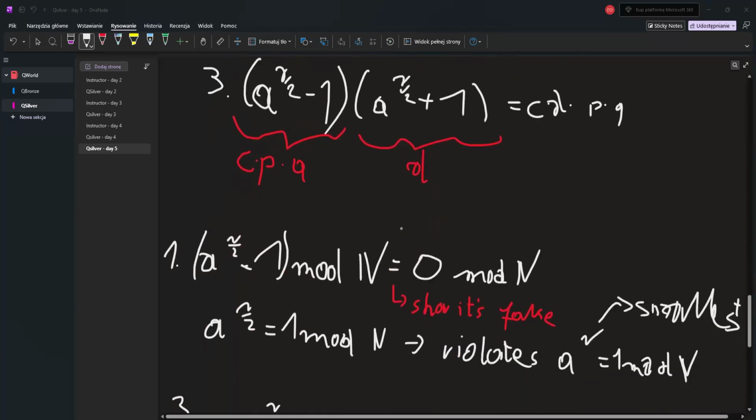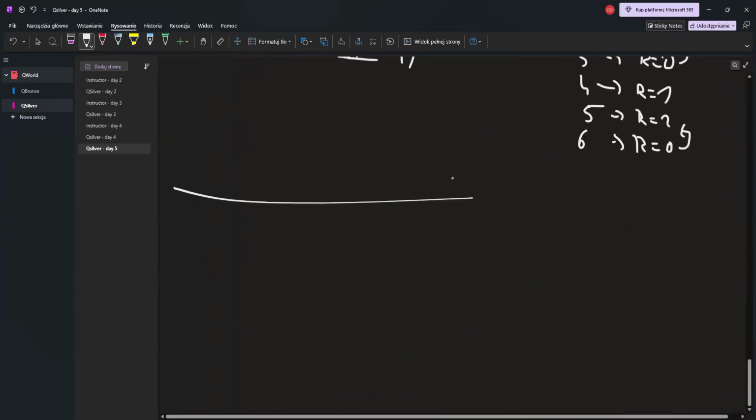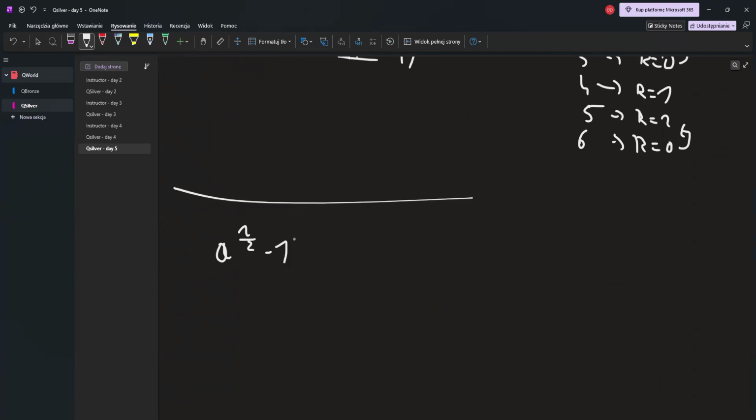Okay, so we are left only with the following case. Yes, so I will rewrite the second case. A to the power of r divided by 2, we have q p q, yes.